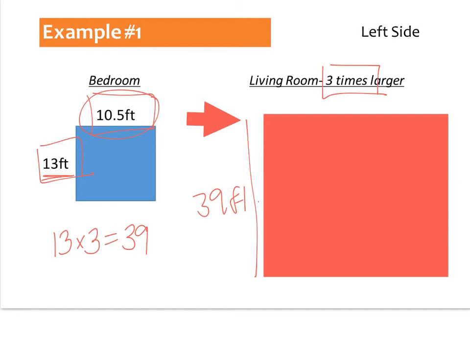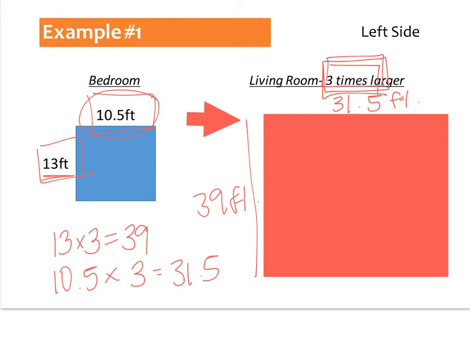So I'm going to have to take 10.5 and multiply it times 3. When I do that, I'm going to get 31.5. And that means that the width up here is going to be 31.5 feet. And the way I did that is by looking at the scale factor. That's what this number is, how big or how small it's growing, 3 times, and I multiply it times the 2 numbers that I have.